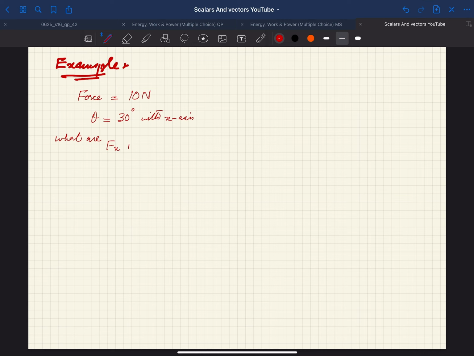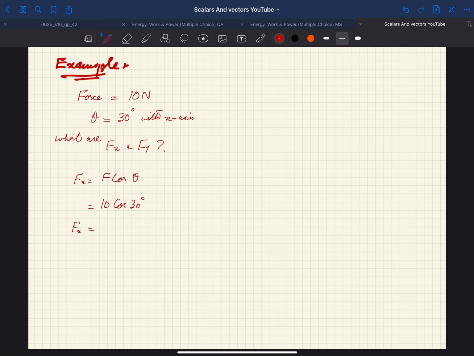fx and fy? So simply what you will do, fx is equal to f cos theta, and you know that the value of f is 10 and cos 30 is the value which you can find very easily, and this will give you the idea that what will be the value of your fx.